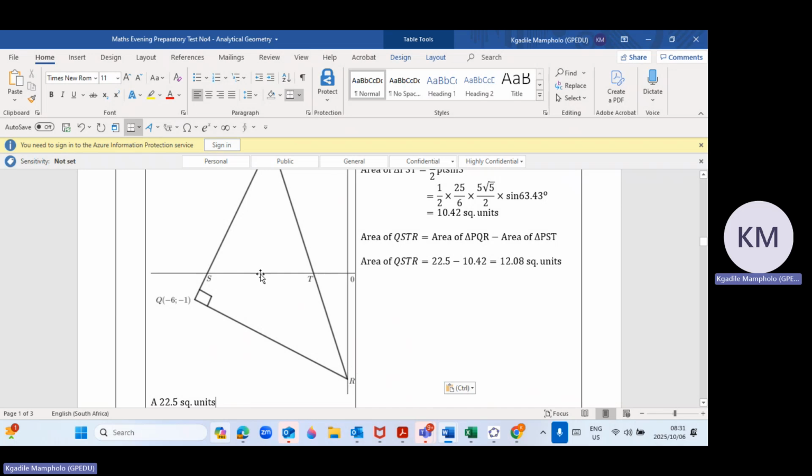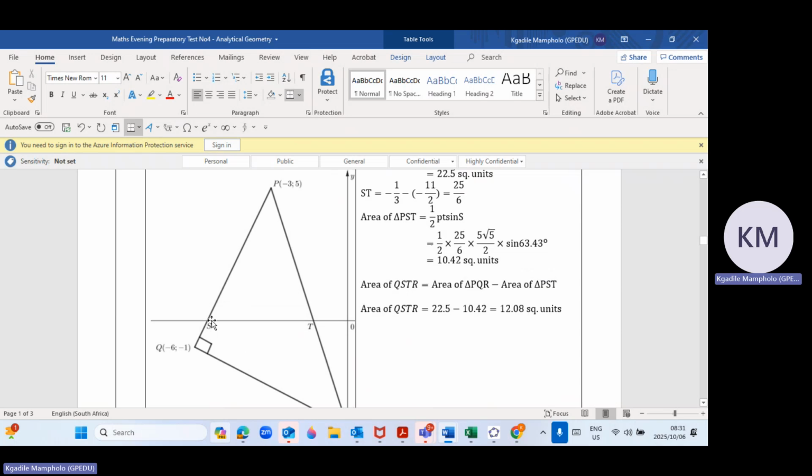Now, if you look at QSTR, it's a quadrilateral, but it's an irregular one. So there's no formula that you can use to get this. But we can calculate the area using the area rule, because if you know the coordinates of S and T, we can calculate the length of ST. Already we know the length of QS, and already we calculated this angle. So for this one, you can use the area rule.